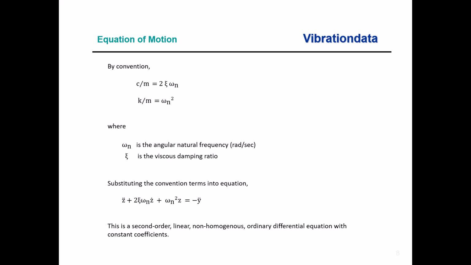Now, this equation is pretty interesting because we don't see mass explicitly, neither do we see stiffness. We could say implicitly mass and stiffness are contained in that natural frequency term as well as the term that was substituted for the C over M. So mass and stiffness are making their presence known, but as long as we've measured the natural frequency and measured the damping, we're good to go without accounting for mass and stiffness.